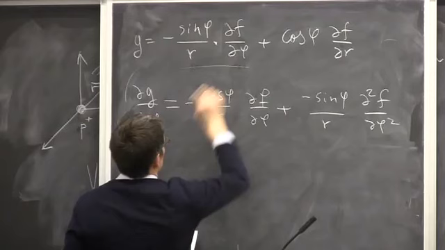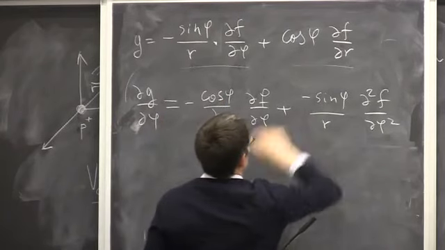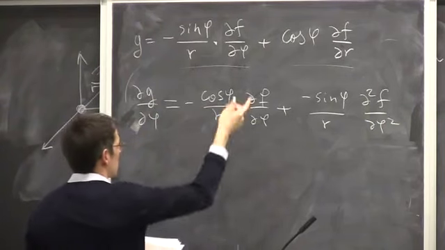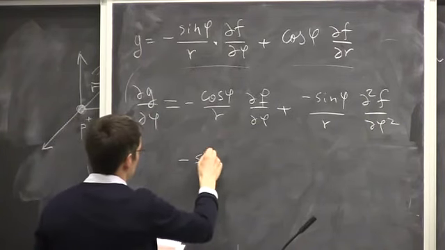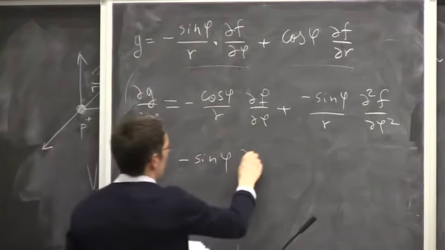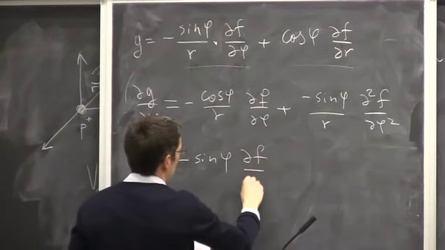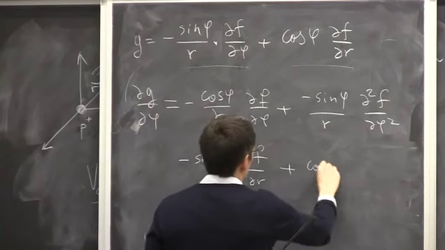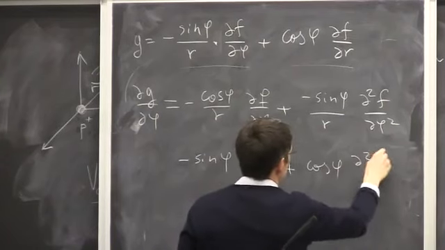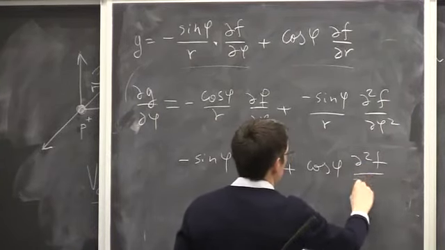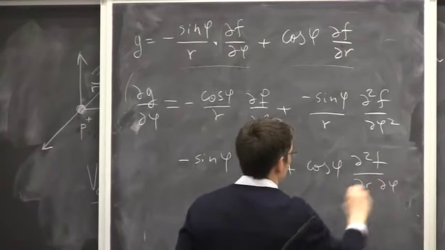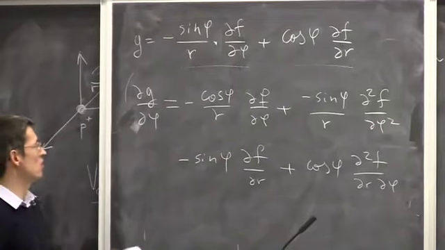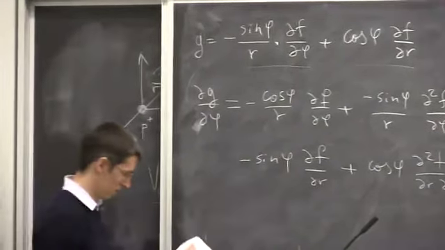That's only this part. Now there will be this other part that will also produce two expressions. Cosine will go to minus sine phi times df over dr, plus cosine phi times the mixed derivative d2f over dr d phi. Okay, so this is dg over d phi.